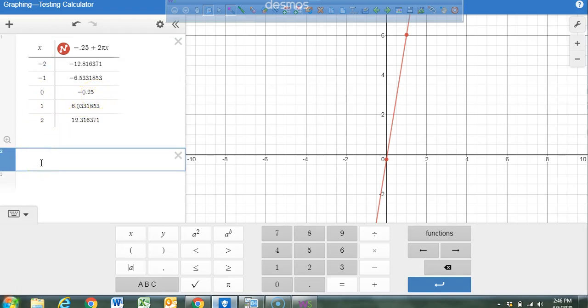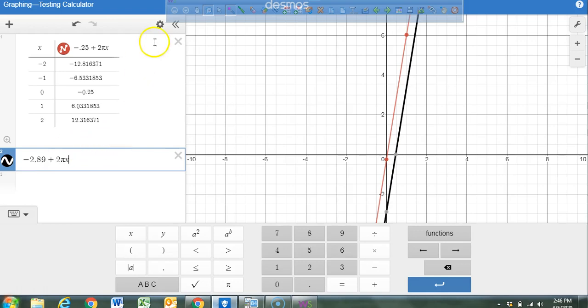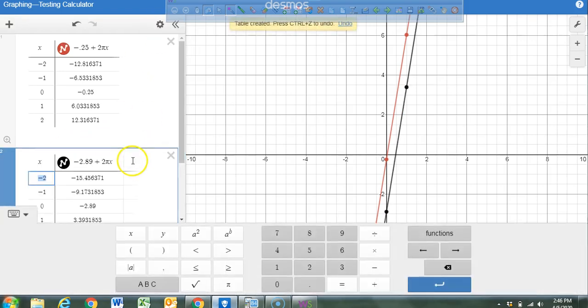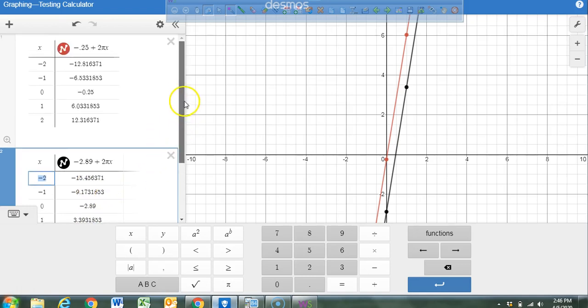The other one we had was negative 2.89 plus 2 pi x. I'll make a table out of this, and you can see how we got to that negative 2.89. From there, you're just adding 2 pi in both directions, either positive or negative.